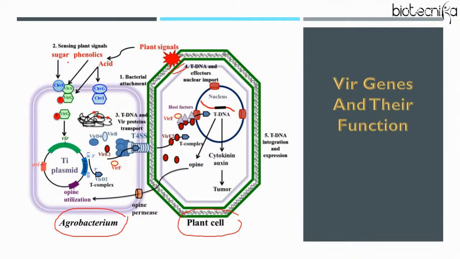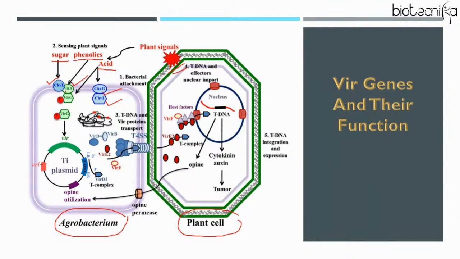Now, that signal can be in the form of phenolic compounds, which you said as acetosyringone, some acidic components, some sugar molecules, anything. And these components will be sensed by whom? Specifically the virulent A gene. And other than that, we have chromosomal virulent E, chromosomal virulent G, and chromosomal virulent I gene. So these genes are also responsible for sensing the signals.